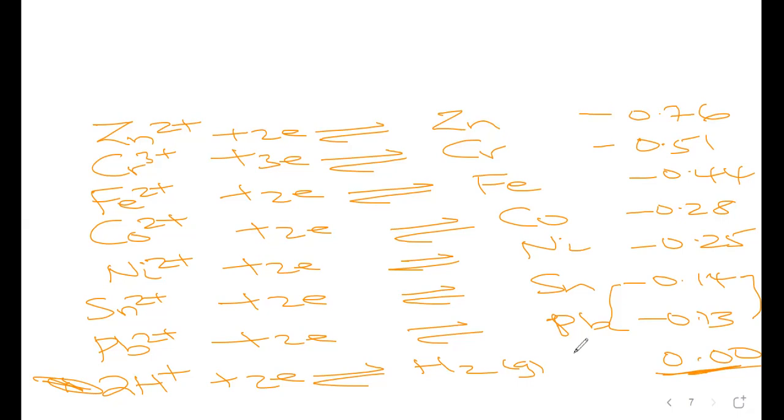So from the negatives, we come to hydrogen, and after hydrogen, we shall go to the positives. Below hydrogen, the first one is the tin 4 ion forming a tin 2 ion. The electrode potential here is positive 0.15.